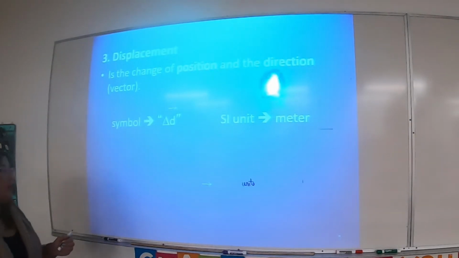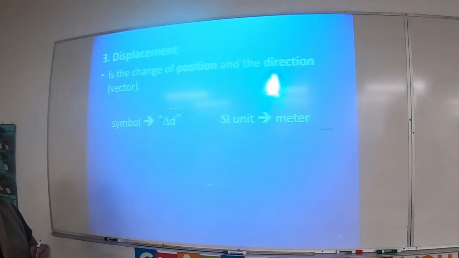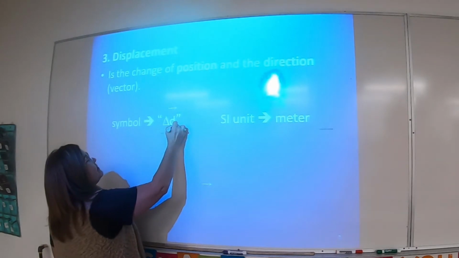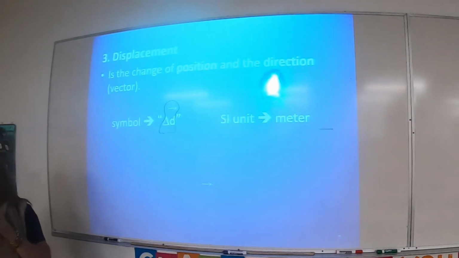Okay, now we have displacement. Displacement is a change of position, and you do have to have direction. Notice here that we have the vector arrow on top. So it's your change in position. We have to have a direction in there for a vector quantity.